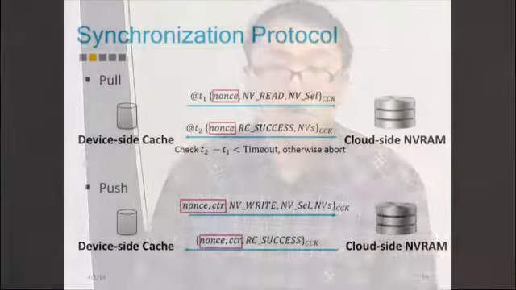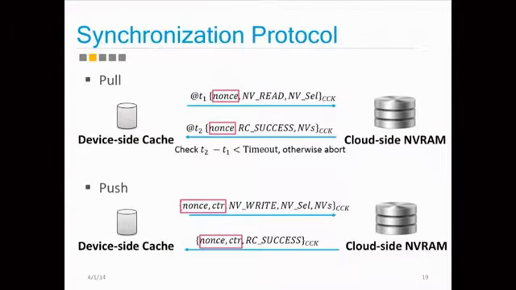Second, the counter and nonce are used to prevent message replay by the software stacks on the mobile device and the network node in the middle between the cTPM and the cloud. I further want to point out that in each of the synchronization protocols, it is the TPM who initiates the connection with the cloud.